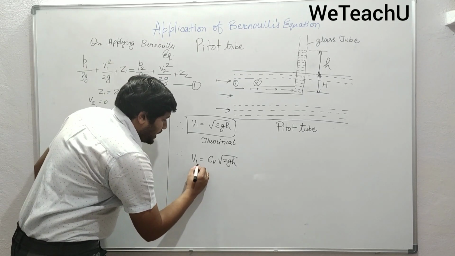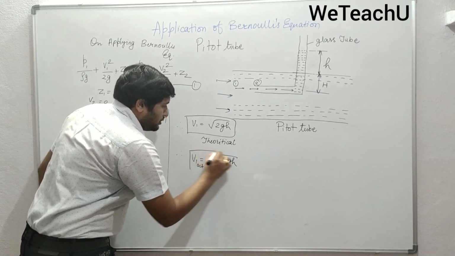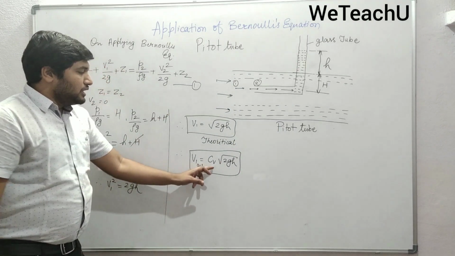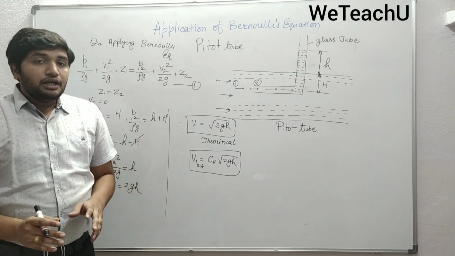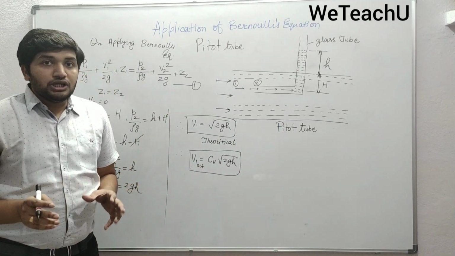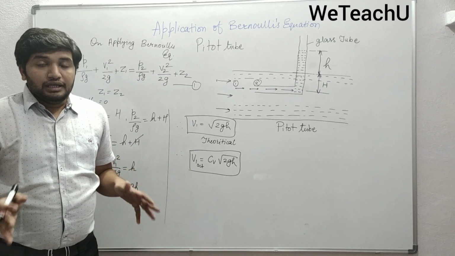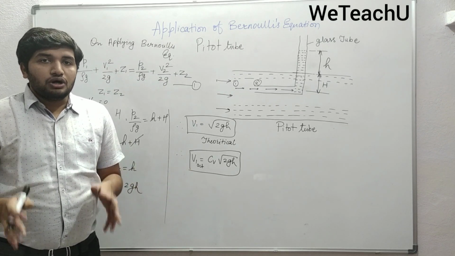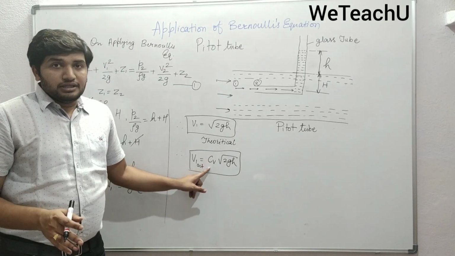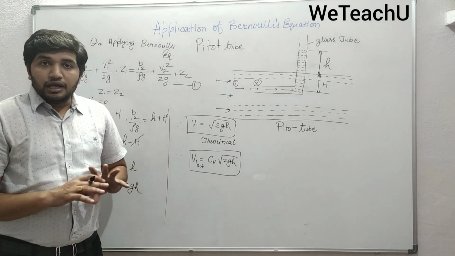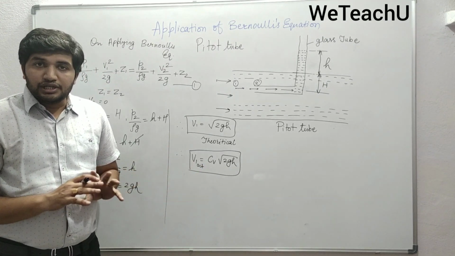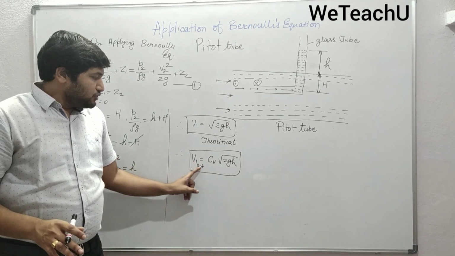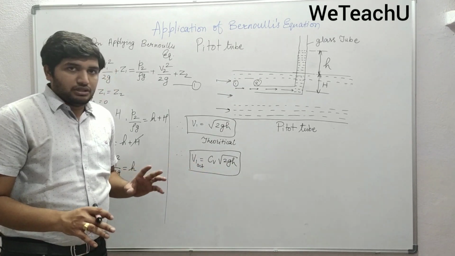So V1 actual is equal to Cv under root 2gH. We can find the velocity at any point in a flow in the pipeline or a channel by this formula. V1 actual is Cv under root 2gH. Clear?